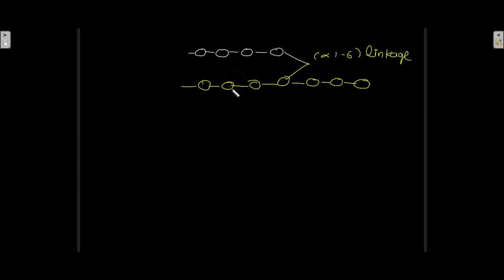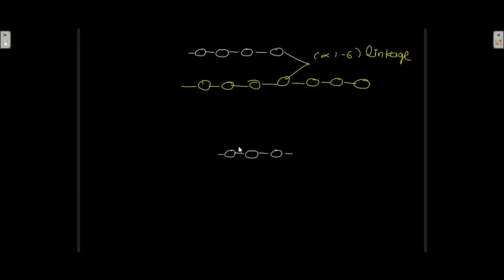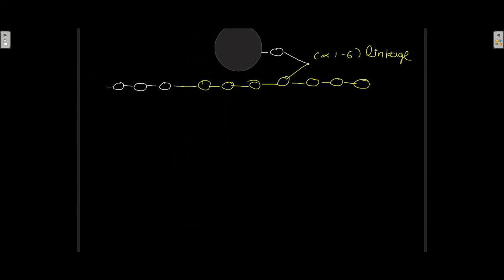Now what will happen is that the debranching enzyme will show its transferase activity, and it will transfer this 3 glucose here. So this 3 glucose will be transferred to this branch.